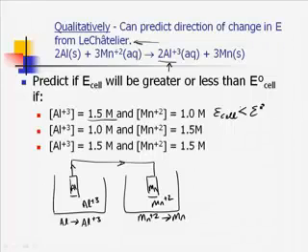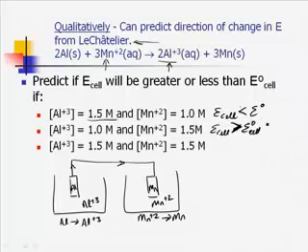Okay. If I increase the manganese ion here, I'm going to shift it right, and there my cell potential is going to be greater than at standard conditions. Okay.